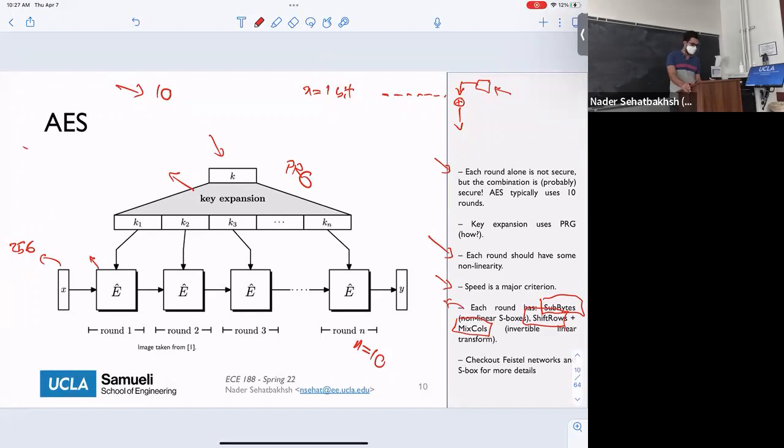Basically what it does is mix and match some of the bytes, so it moves bytes in different directions. There is a network called the substitution-permutation network, which was originally used in DES and triple DES, and then we use it in AES. What it does is move around some of the bytes within the 256 bits that we have. And then ShiftRows and MixColumns basically take some of the bytes and move them in another direction and another direction.